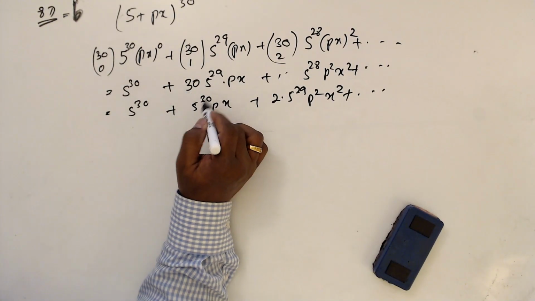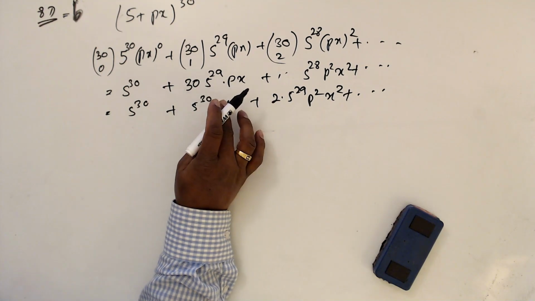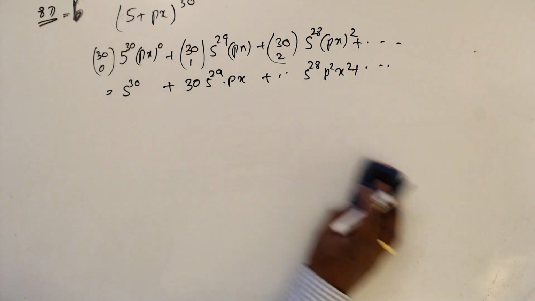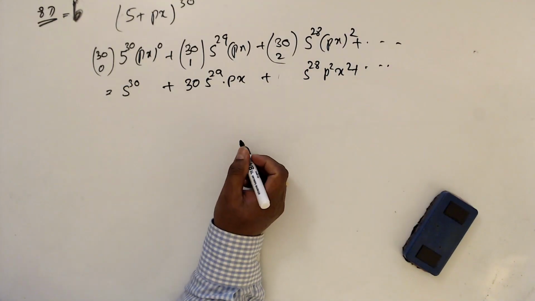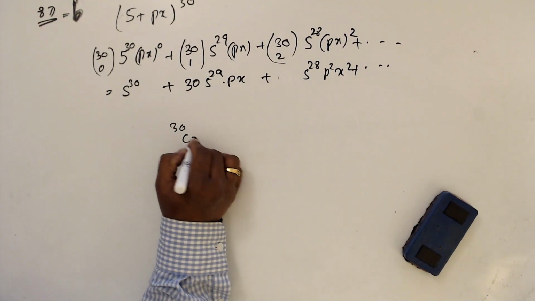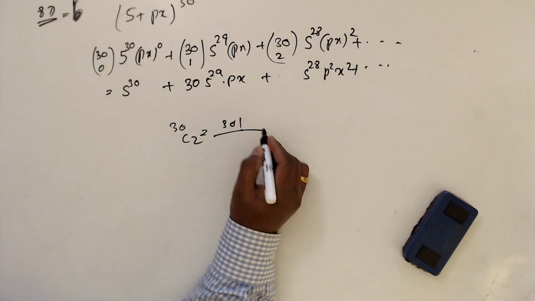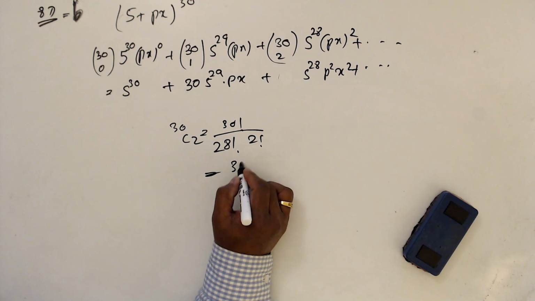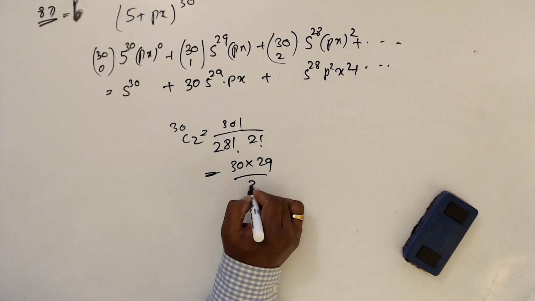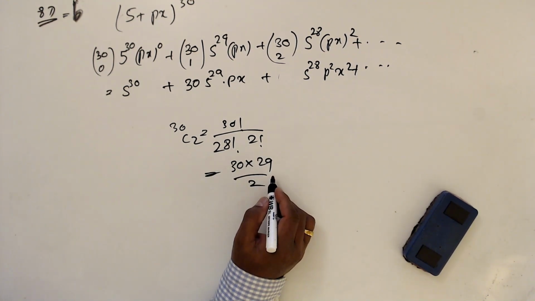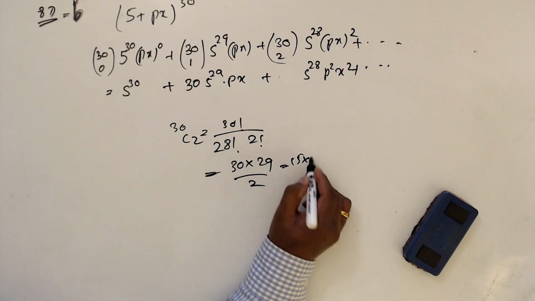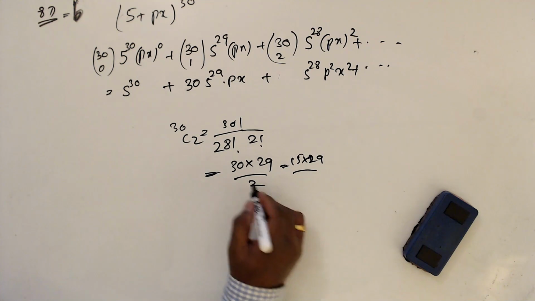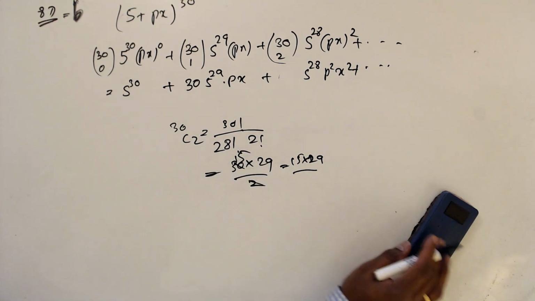This is 30 times 1 to the power 29. 30C2 is 30 factorial over 2 factorial 28 factorial. I mean 30 times 29 divided by 2. This means 15 times 29. This is 15 times 29.